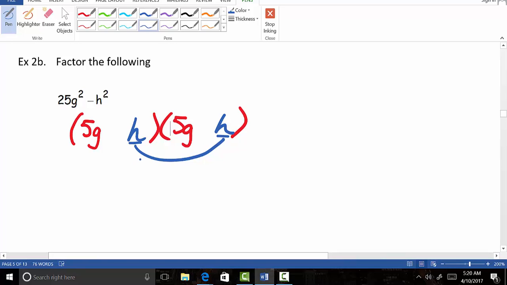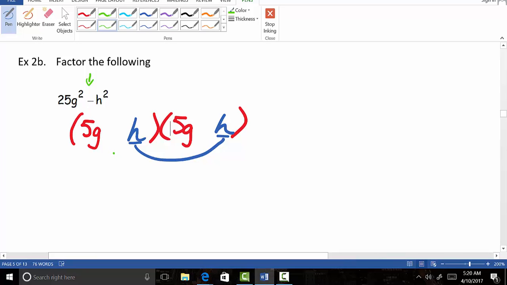Again, that's not ironclad every time, but pretty much 98% of the time we're going to see that scenario. Now, looking at the signs, notice how there is no middle term at all in between these two perfect squares. Really, this is a perfect square, this is another perfect square, and we're taking the difference of those two perfect squares.